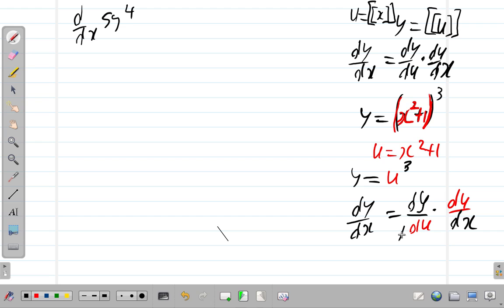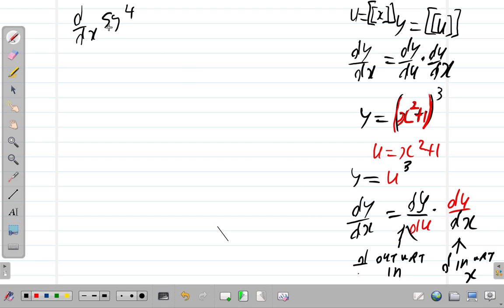So this is the derivative of y with respect to u, the derivative of the outside with respect to the inside, and this one is the derivative of the inside with respect to x. U is the inside function.